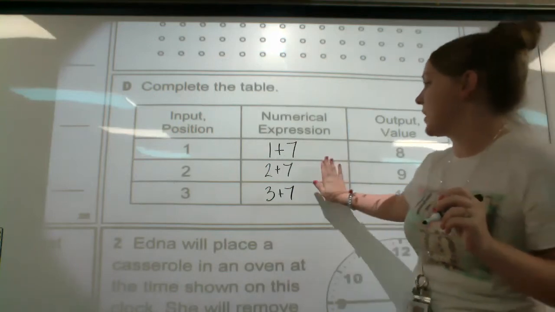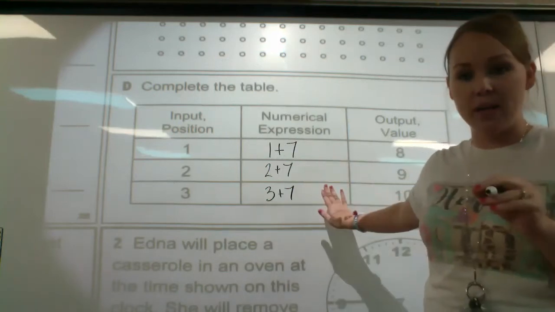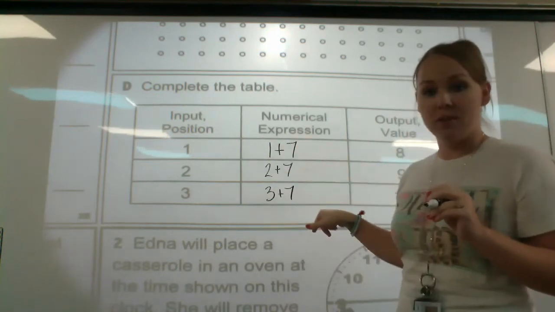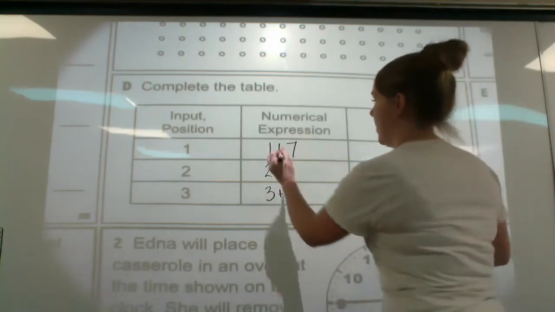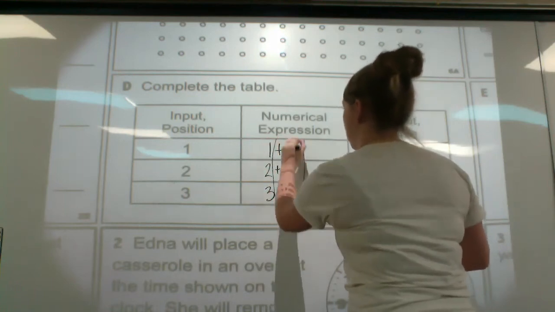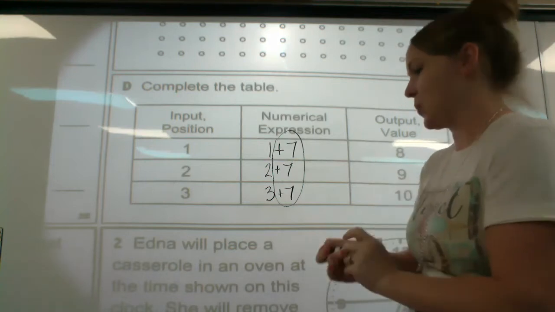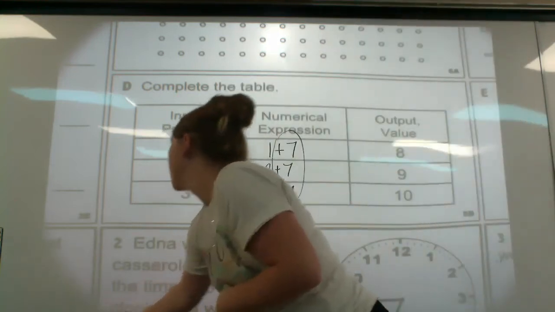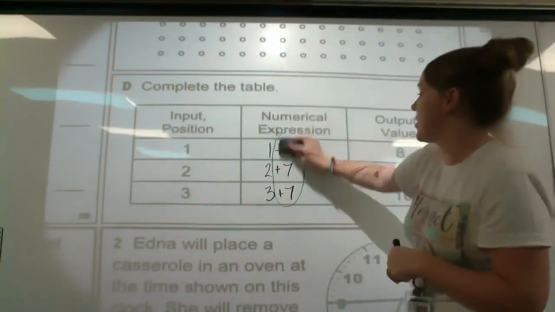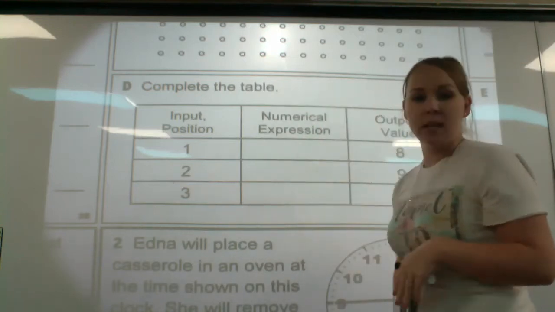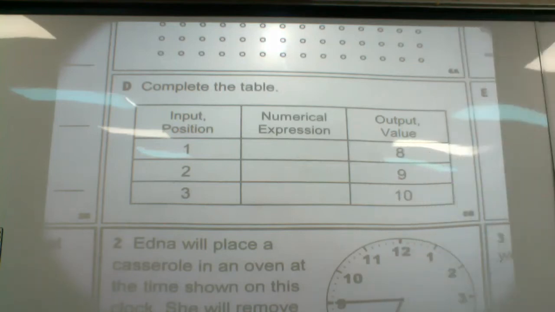So that's the only thing that's different. You already know how to do this. Now we're just writing that expression in the middle to show our rule. So you can see the rule has to be the same for all 3, plus 7. I just wanted to show you that because I don't want this middle part to confuse you. It's just writing out that expression. Let me go move my paper. I'll be right back.